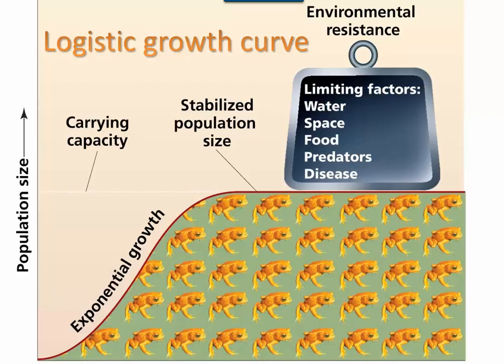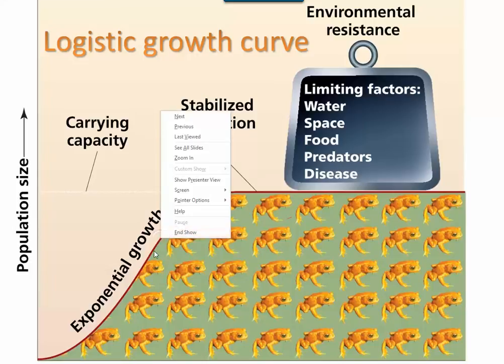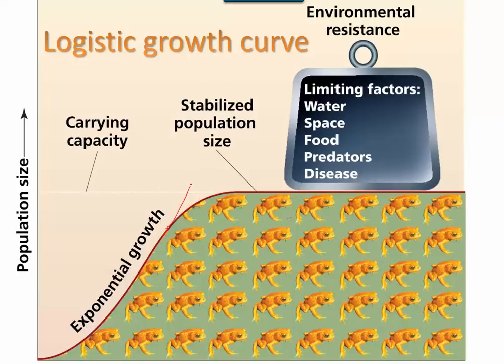So logistic growth curve. If there was nothing trying to slow down its growth, then we would see this going like that. However, because of other factors, limiting factors like water, space, food, predators, and disease, the growth will slow down until you end up with some stable population size.